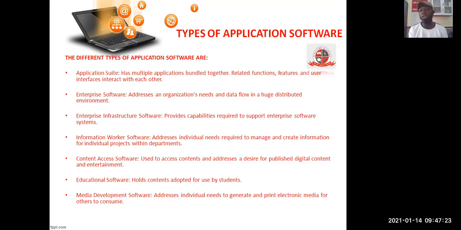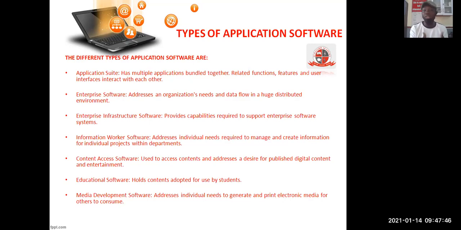So we have different types of application software, listed right here. Application suite: your Microsoft package is a good example, because you have it bundled together, with Microsoft Word, Excel, PowerPoint, and all of it. Enterprise software addresses the organization's needs and data flow in a huge distributed environment.